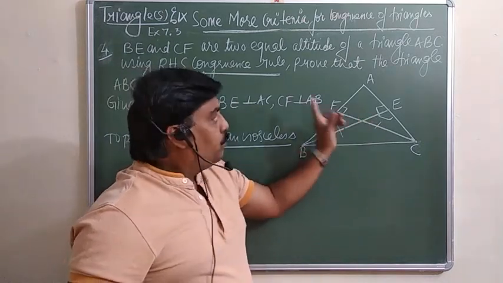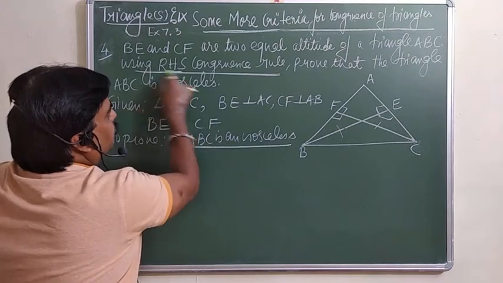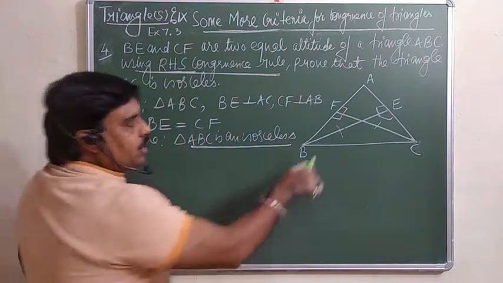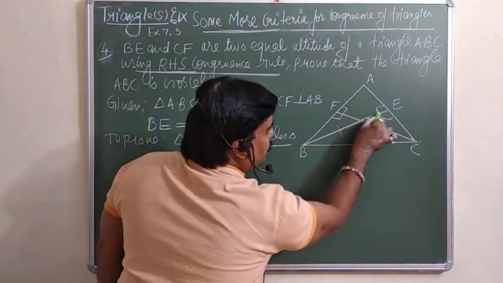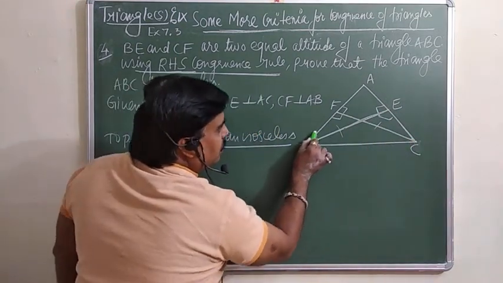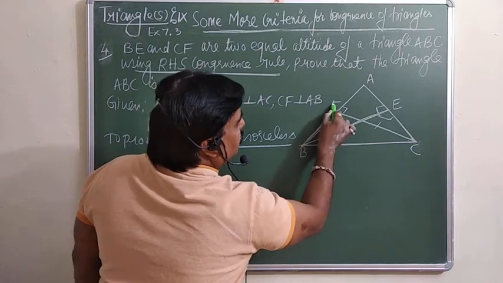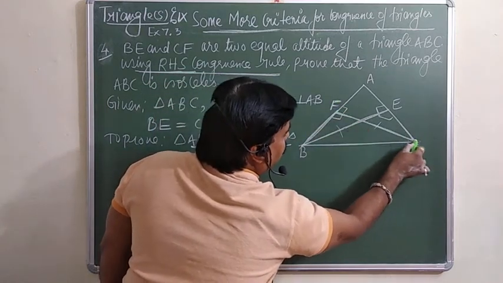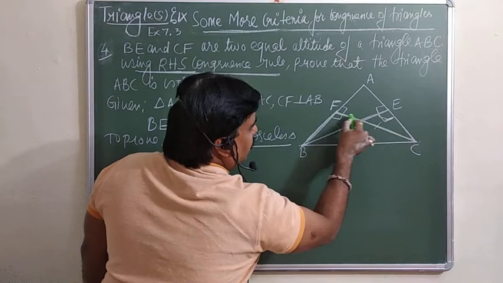So we are supposed to take triangle BEC in this one and triangle BFC in this one, because this is your 90 and this is your 90.